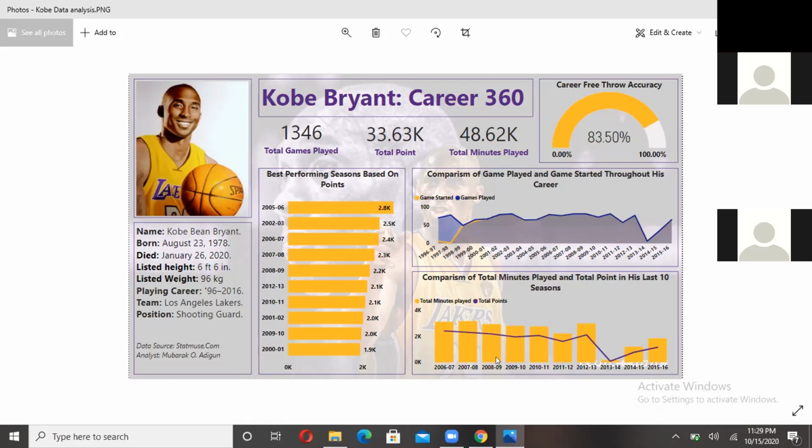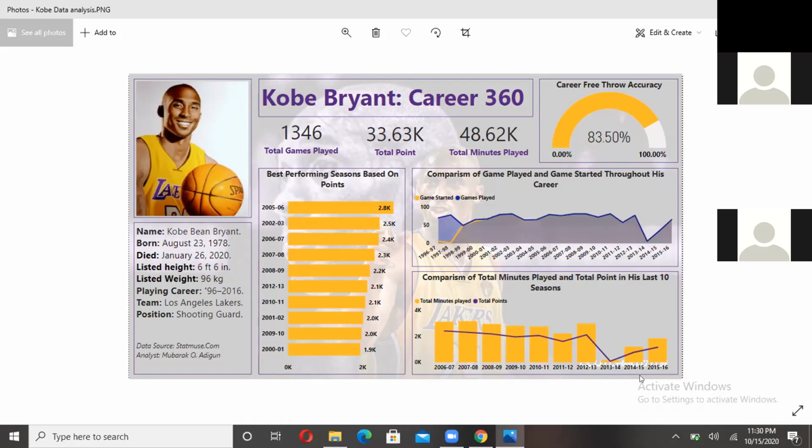Then at the upper part here, you can see his free throw percent. The free throw accuracy is like 83%. So if you give Kobe 100 free throws, he's going to score 83 of them. And we have the comparison of his total minutes played and the total points in the last 10 seasons.